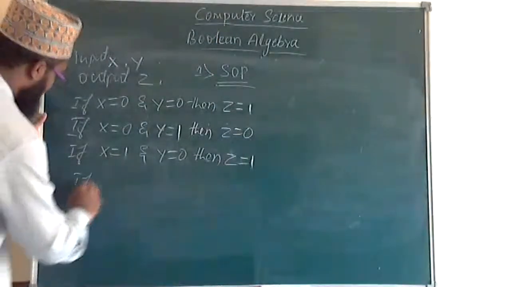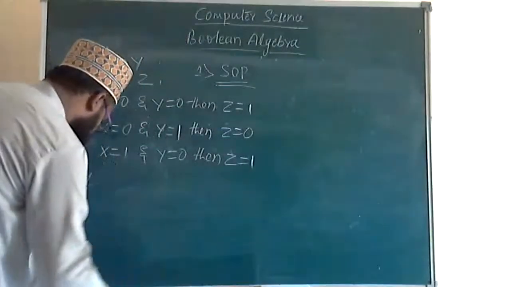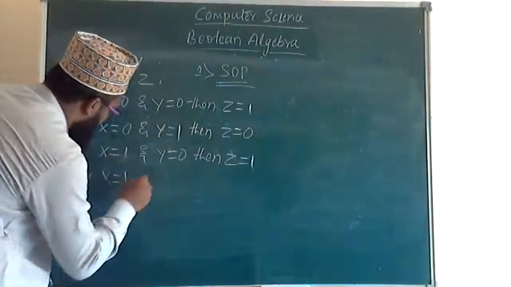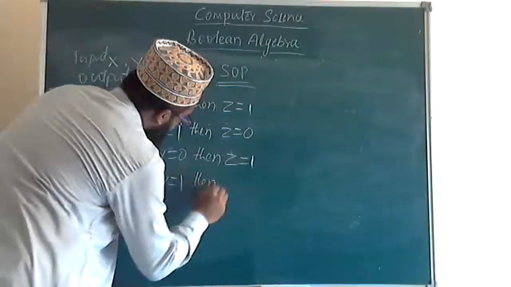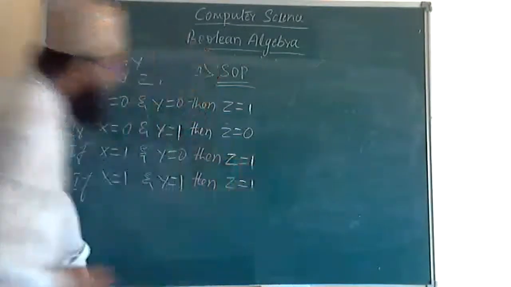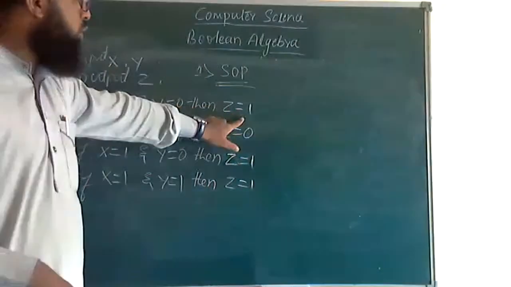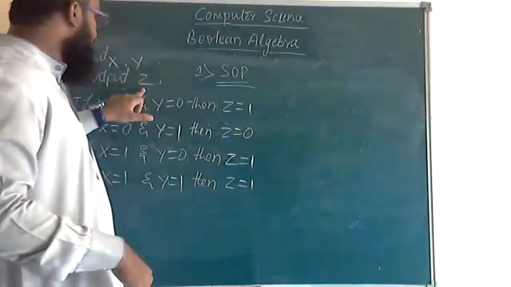If x is equal to 1 and y is equal to 1, then z is also equal to 1. Look here: x 0, y 0, then the output is 1. x is input, y is input, and the output is z.